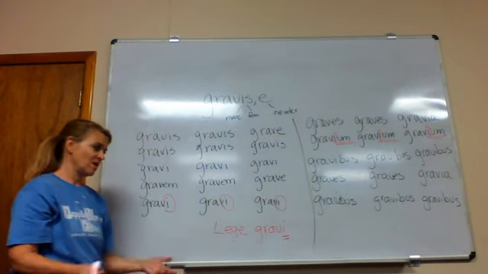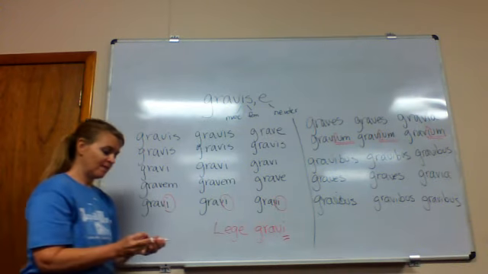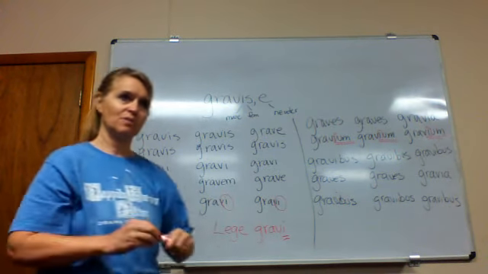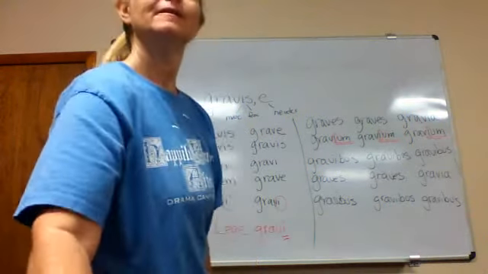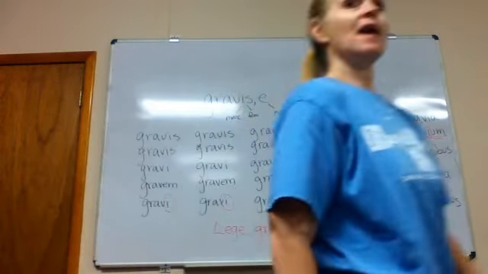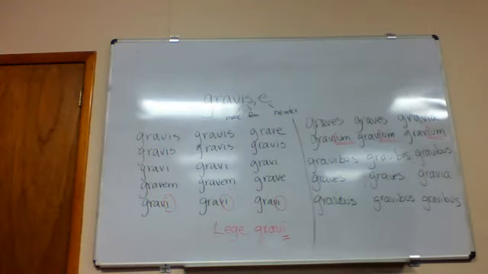I don't really know why, and that's just the way it is. And sometimes we just memorize things without knowing why. Wait, so just in this word, it ends in the letter E, it is a noun. Any third declension adjectives in the ablative singular will end in the letter I.